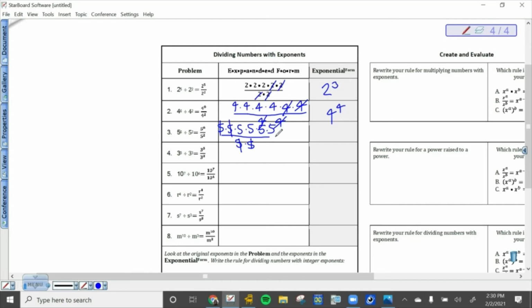How many are left over? 4. So again, 5 to the 4th. Okay. So continue going. Work through number 8, writing them out just the way I did, and then canceling them out until you have no more in the denominator, and then write it in exponential form.